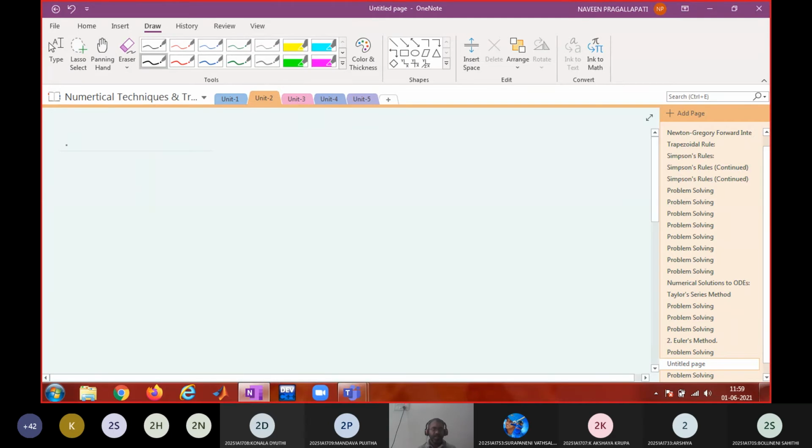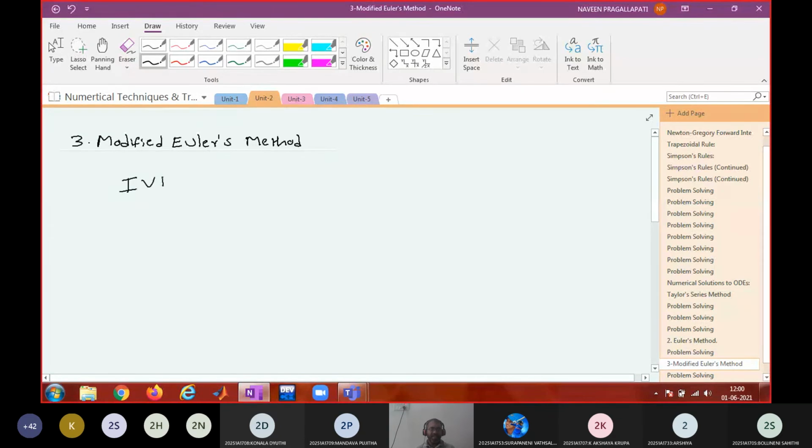So the next method is called modified Euler's method. Write down: modified Euler's method.